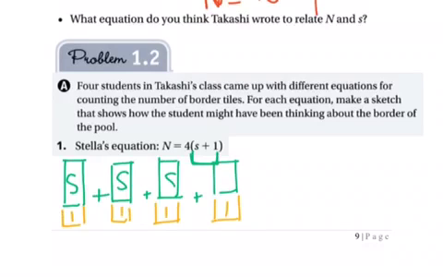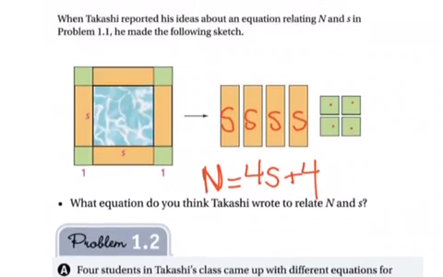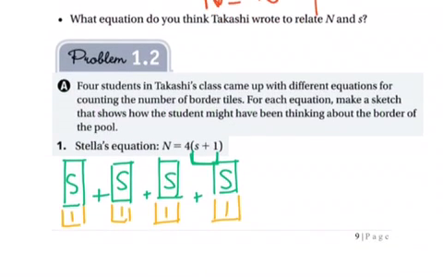Okay, so we're going to check to make sure that all 4 sides and all 4 corners are included, which I can look and I can see I have 4 boxes labeled S and 4 single tiles for the 4 corners. Okay, but instead of showing them all separately, Stella thought of them as a group of a side and a corner.